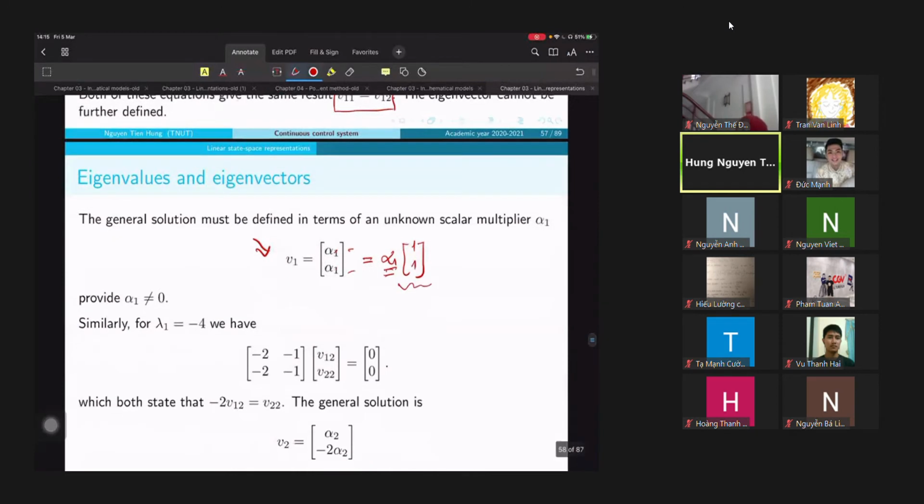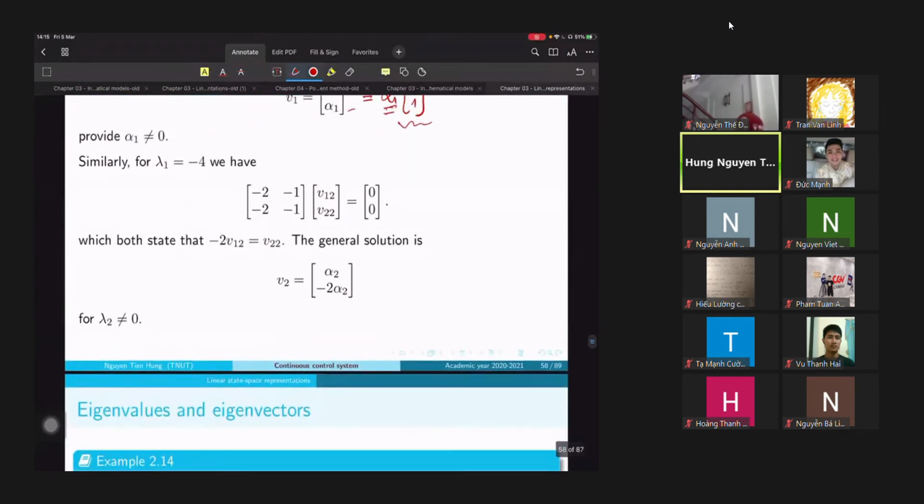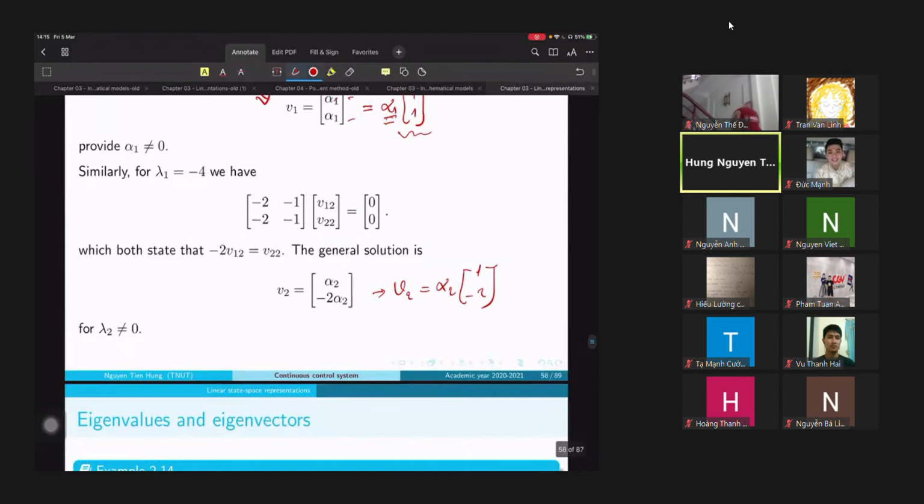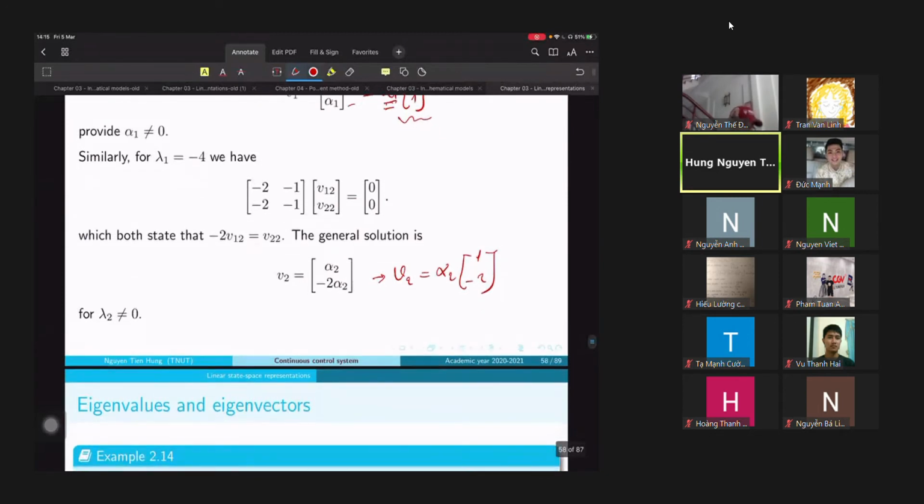In this example, we'll also have v2 like this, or you can write v2 equals alpha 2, and here we get 1, minus 2. So you can combine two vectors like this.